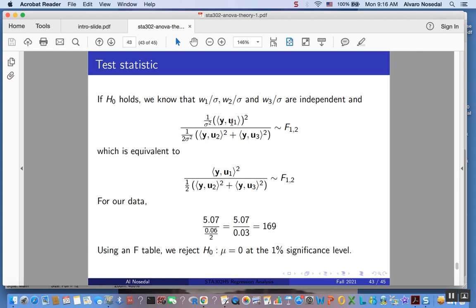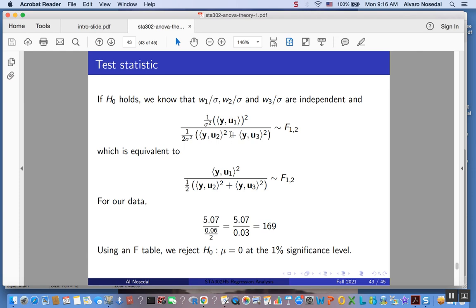So the expected value of the numerator of that quantity is just 1. Now, chi-square with 1 degree of freedom plus chi-square with 1 degree of freedom, we have a chi-square with 2 degrees of freedom. The expected value, 2. Divided by its degrees of freedom, 2 divided by 2, 1.